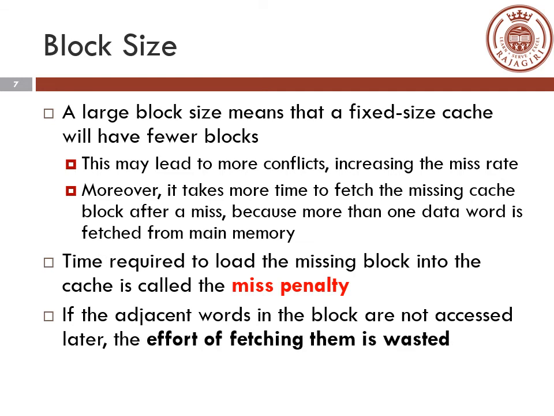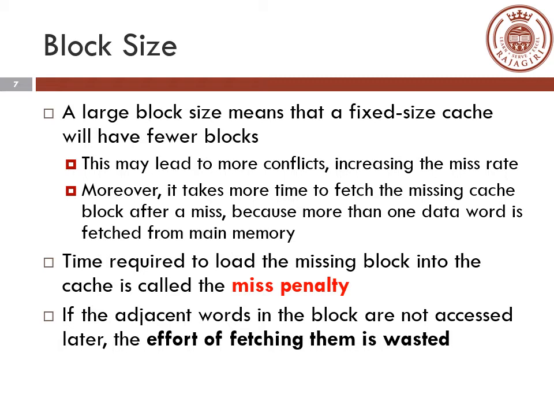If you have a large block size, that means the block contains more number of words, so a fixed size cache will be having fewer blocks. If the block size is big, then the number of sets will definitely get reduced.